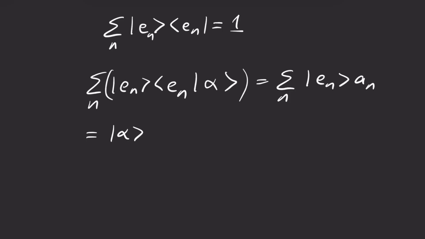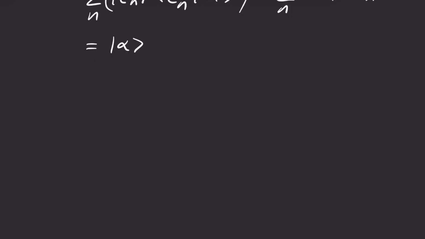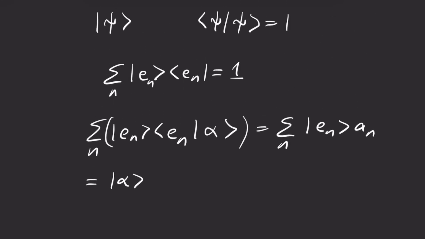Now in quantum mechanics, there are many different bases that we can choose. And this might sound a little weird, but not only can we choose a position basis, we can also choose a momentum basis or an energy basis to express the quantum state in different ways.